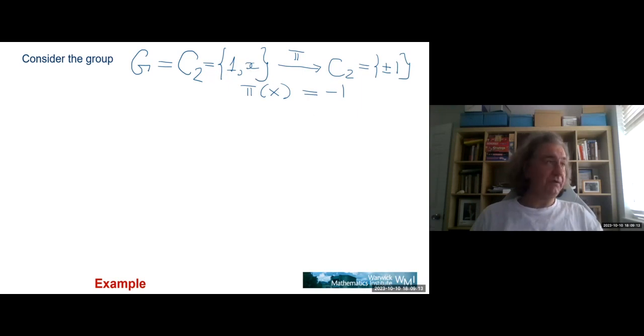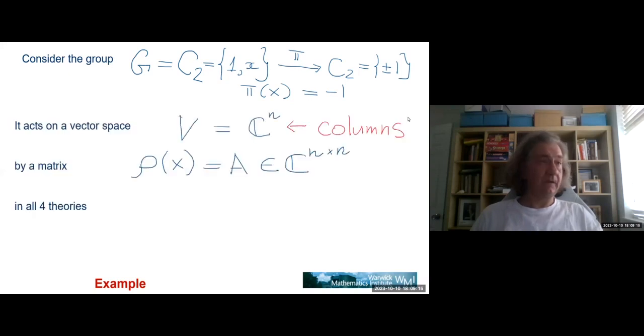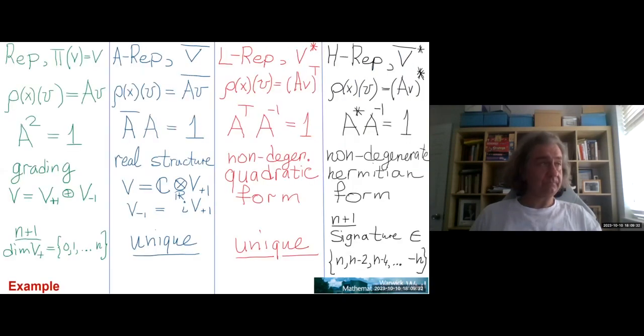So in all four series, x has to be acting on a vector space, an n-dimensional vector space, and it acts by a square matrix. But what it does with this square matrix is slightly different. And here's how it's different. So in the usual theory, that's the formula.